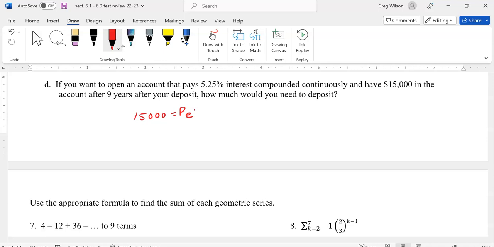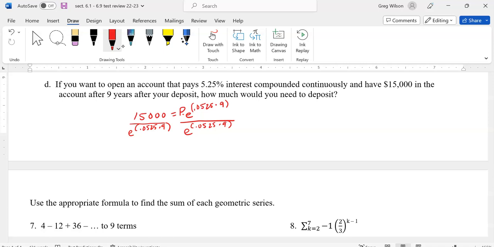The rate as a decimal is 0.0525, and it's going to take 9 years. So really, you're going to be dividing both sides of this equation by e to that power. And so the left side is really what we're doing in our calculator.